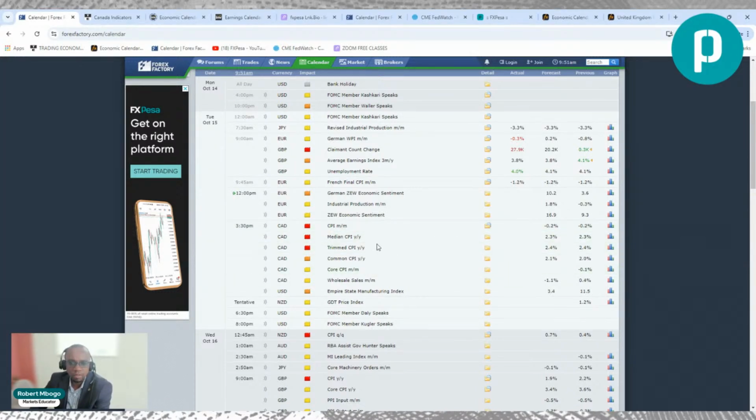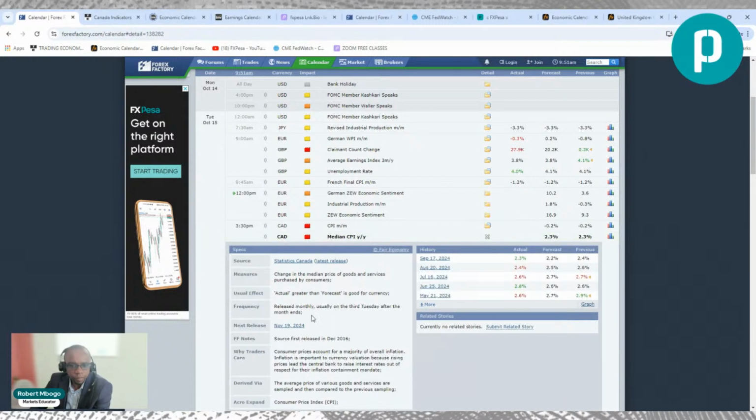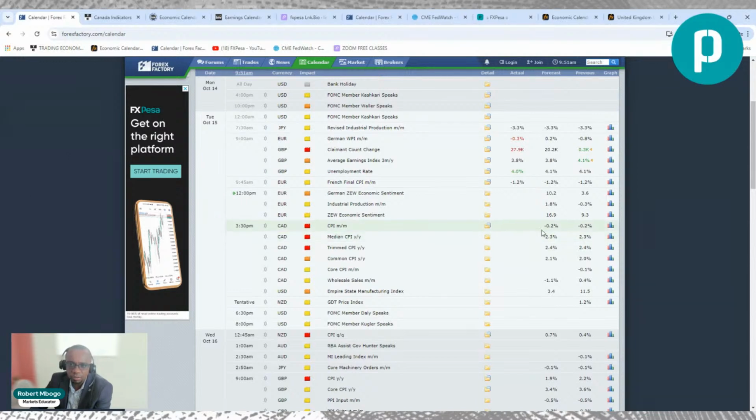And then we also have the median CPI over here, measuring the changing median prices of goods and services purchased by consumers. If the number is greater than forecast, then of course it's good for the currency. So if this number comes out higher, let's say 2.4%, 2.5%, then we should see the Canadian dollar strengthening. If this number comes out lower than the forecast, maybe 2.2, 2.1, then we will see the Canadian dollar weakening.